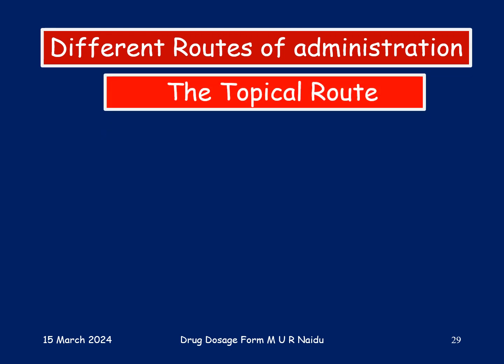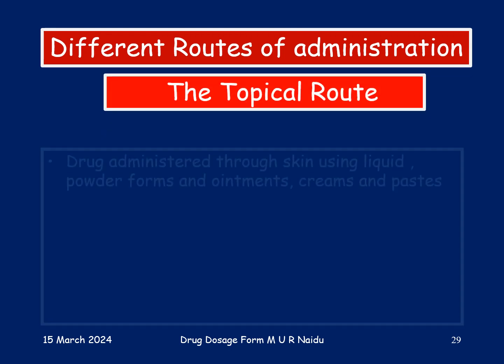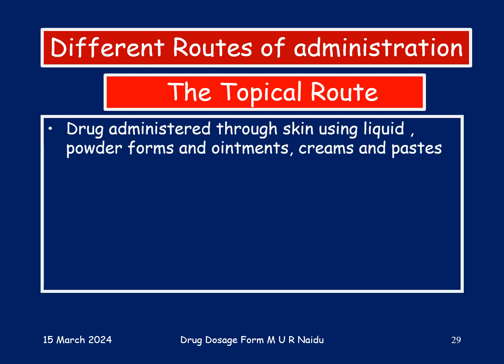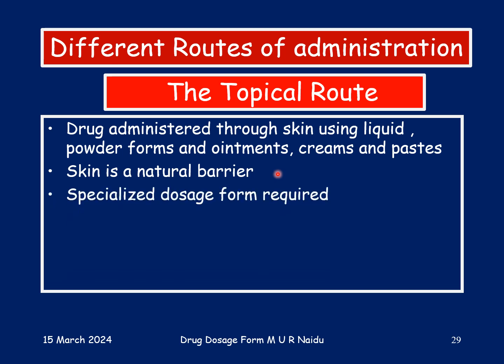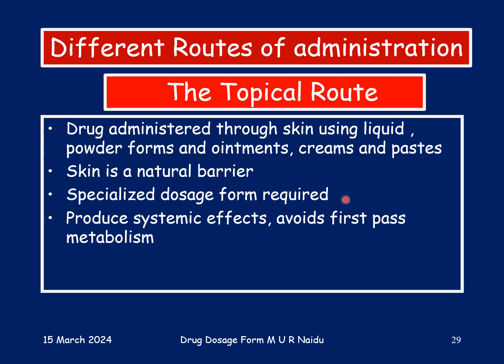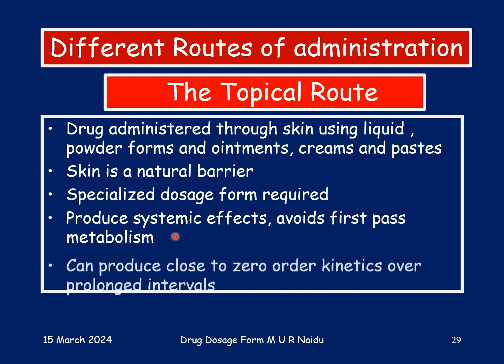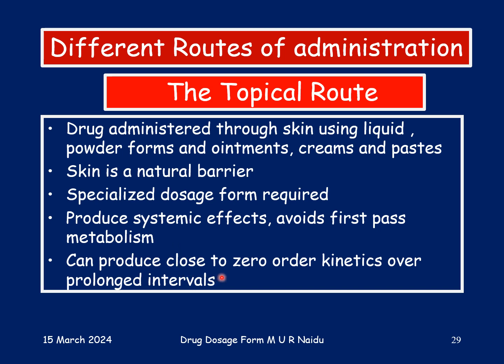Different routes of administration: the topical route, local administration to skin, in powder form, ointment, cream, or paste. Skin is a natural barrier; specialized dosage forms are required. It can produce systemic effect, avoiding first pass metabolism, and can produce close to zero order kinetics over a prolonged interval.